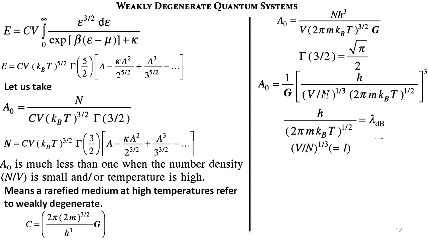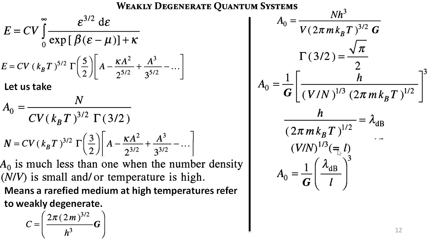And this V over N raised to the power 1 by 3. So V over N is nothing but volume per molecule, or volume per atom, or volume per particle rather, we should say, not atom, molecule, we are not bothered. So our system is made up of certain particles, so we are saying this is volume per particle raised to the power 1 by 3. So volume is of course length cube, so volume raised to the power 1 by 3 should be some length.